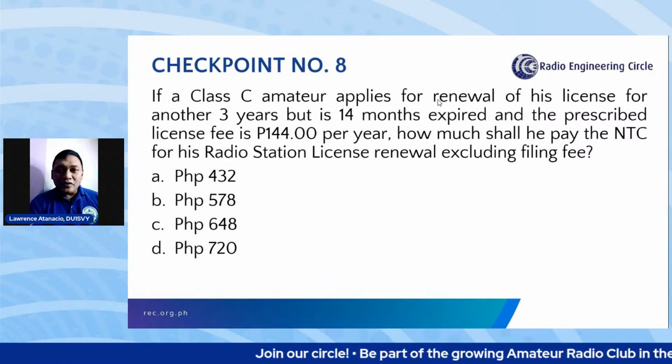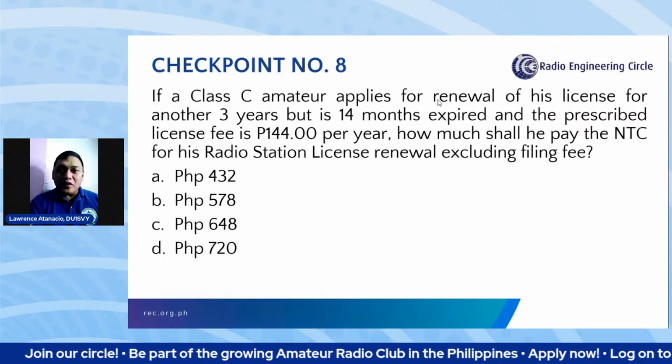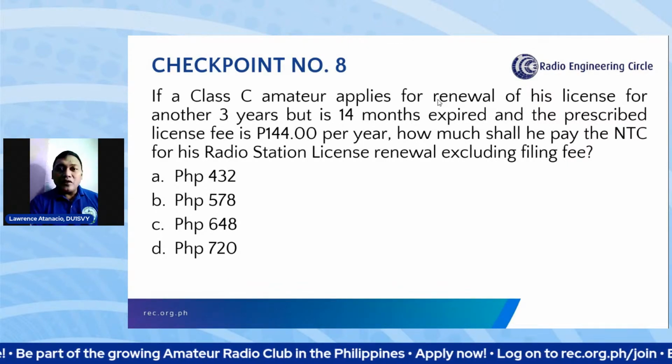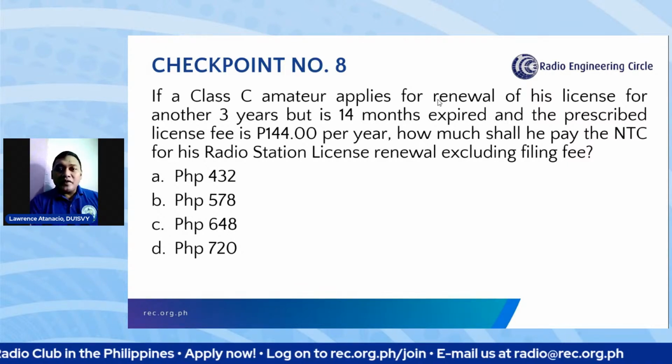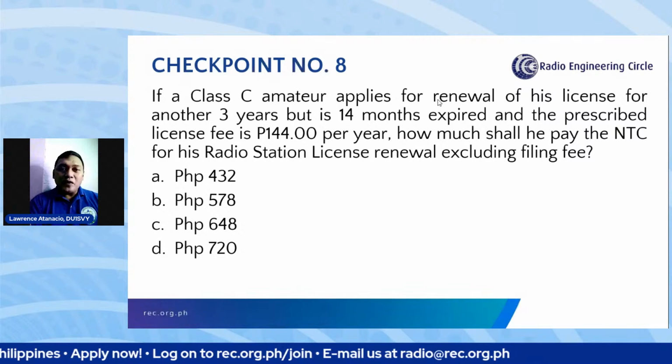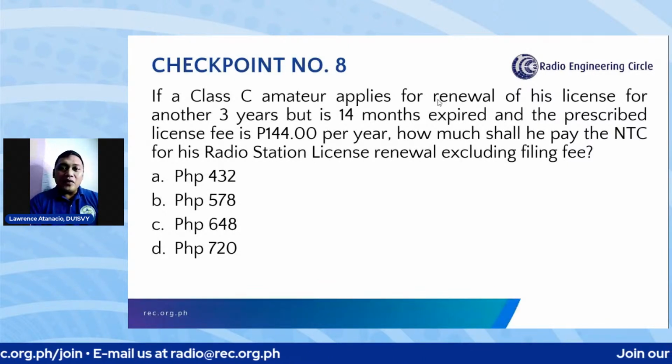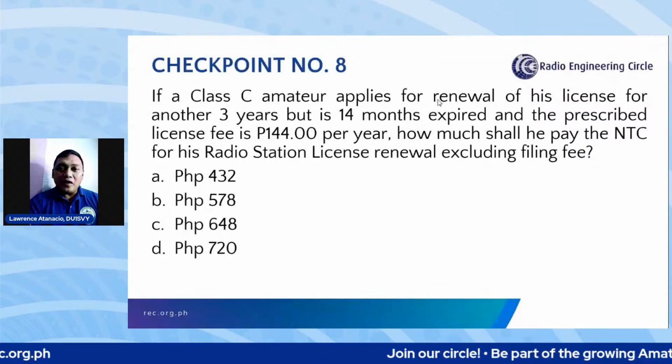Example ulit tayo. Checkpoint number 8. If a Class C amateur applies for renewal of his license for another 3 years, but is 14 months expired, and the prescribed license fee is 144 per year, how much shall he pay the NTC for his radio station's license renewal excluding filing fee?